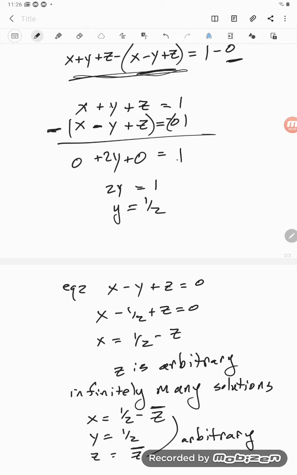Now, I could also, I suppose, just implicitly write it as x equals 1/2 minus z, forget the z bar, and y equals 1/2, and not bother with this part down here. But I think it's better, and it will help us out in the future, if you think of it that way with the z bar, letting z be some arbitrary value z bar, and then x is 1/2 minus z bar.